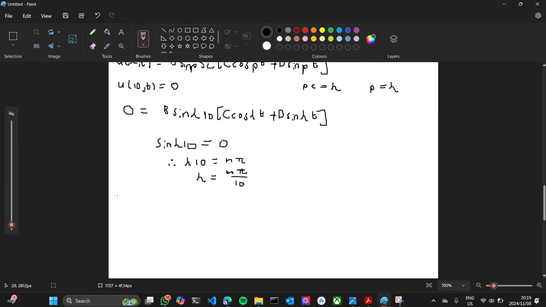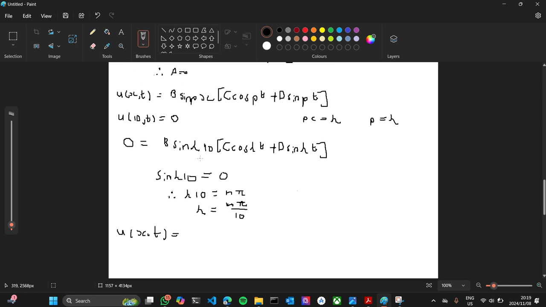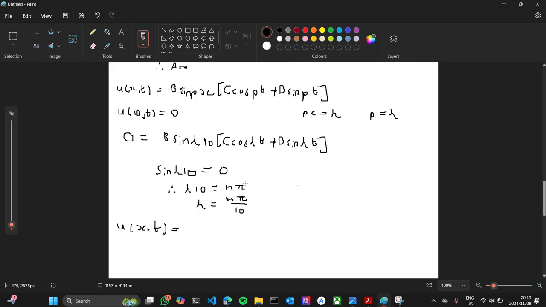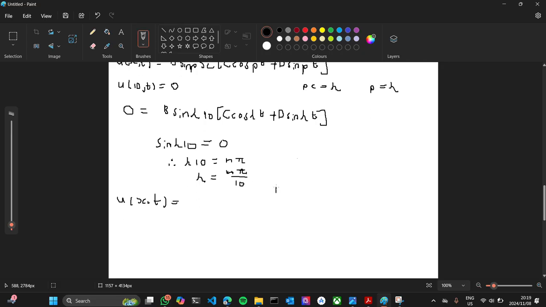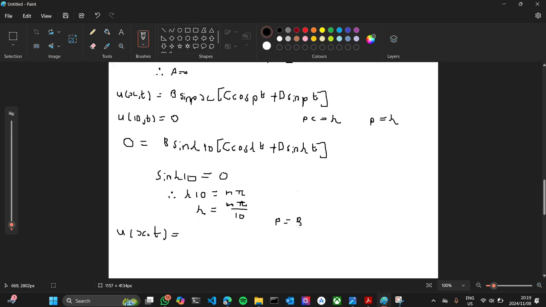So u of x of t is equal to, now this B here can be distributed into this bracket, and so the constant P can then be expressed as the product of B and C, just to simplify everything, and the constant Q can be seen as B times D, right?